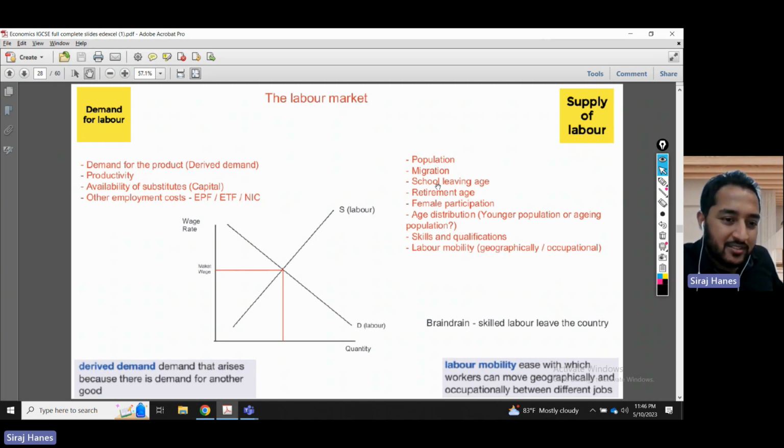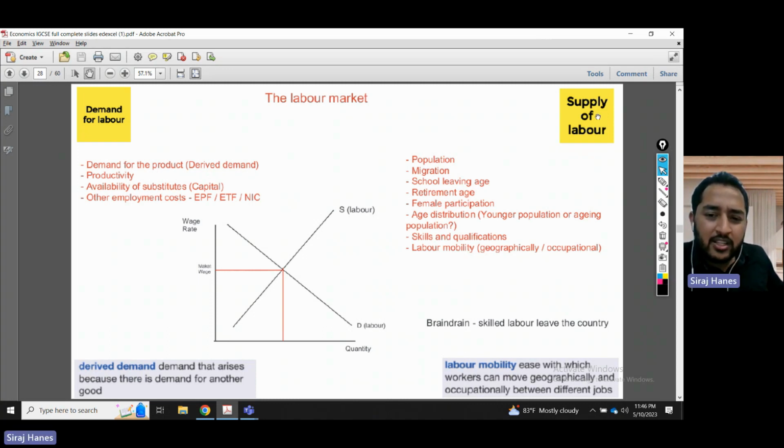And sometimes, guys, there are other employment costs. In the UK, they ask you to pay a national insurance contribution. That means the firm has to pay more costs just to hire me. So they'll be like, I don't want to hire you. So for all these reasons, they'll either hire you or not hire you. This is the demand for labor. The demand for labor is just a downward sloping curve like the normal demand curve. Derived demand, like I explained to you.